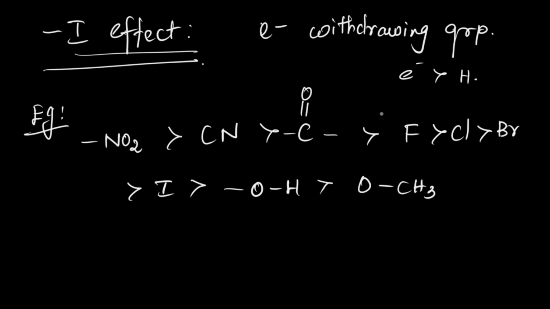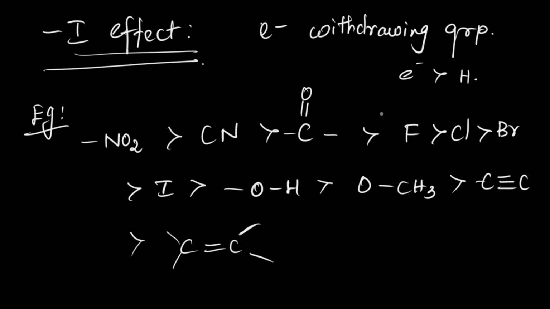Don't get confused with other effects. In case of plus inductive effect, only alkyl groups. Remember it like that. Only alkyl groups. In case of minus I effect, you can take these groups. Mostly your exams will get covered with these groups.